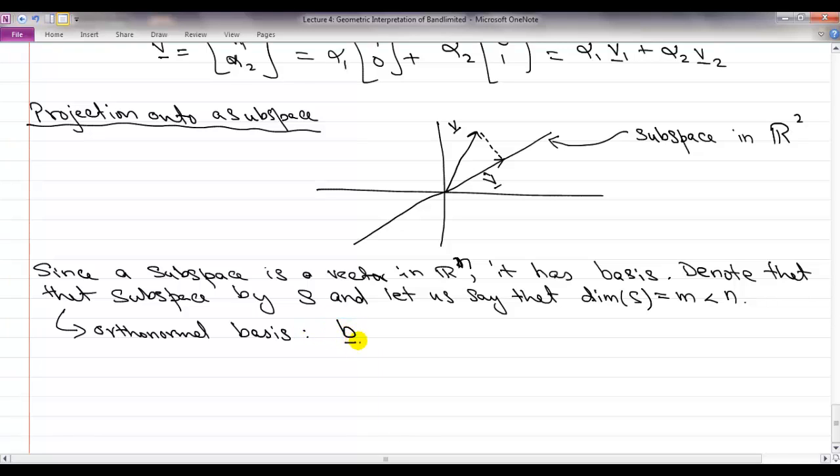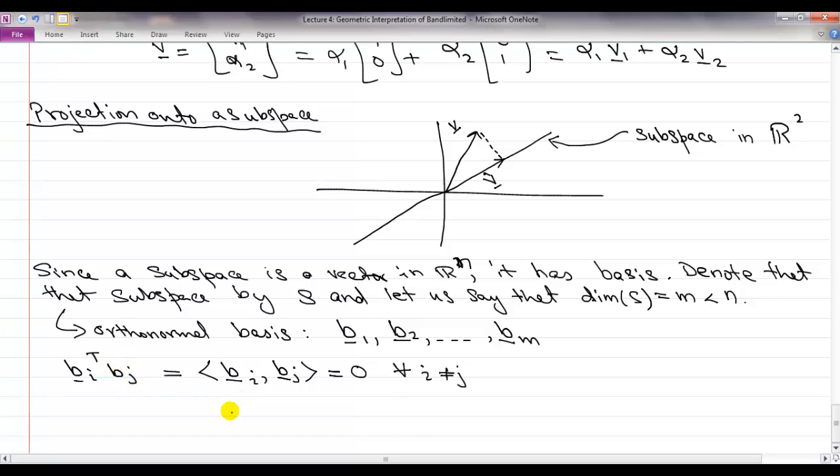So it has an orthonormal basis B1, B2 up to Bm, and they are orthonormal. This means that Bi and Bj, the inner product, is equal to 0 for all i not equal to j. Okay, and since we are in Rn, simply we can define that as the transpose Bi Bj.